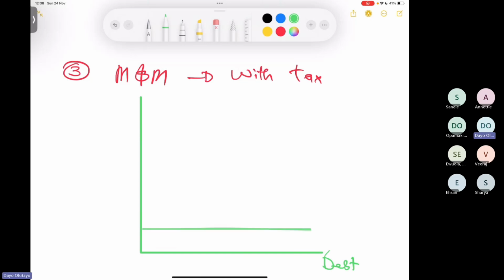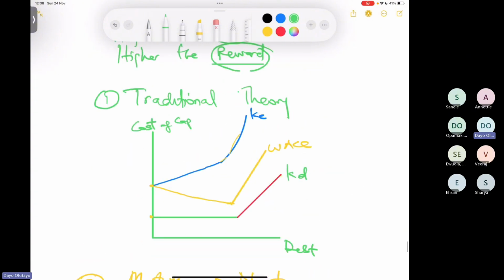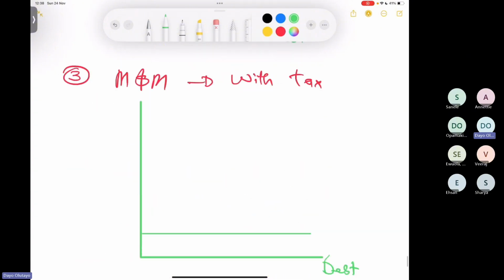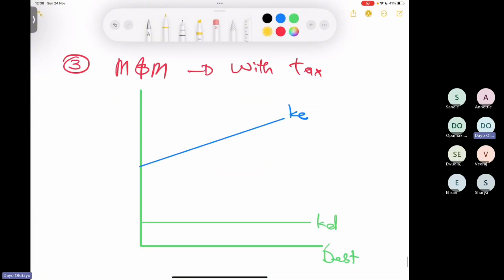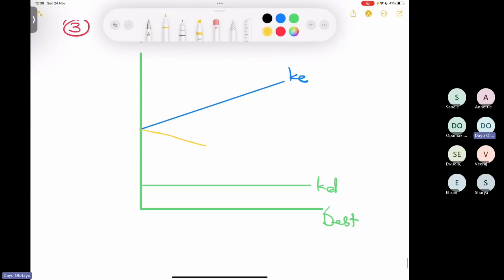They now ask you that you should keep taking debt. However, they don't agree that cost of debt will ever go up. So they said just keep taking debt. They still agree that yes, in as much as you are taking debt, cost of equity will keep going up. But now that they woke up too much, they said WACC will keep coming down and will keep coming down forever.